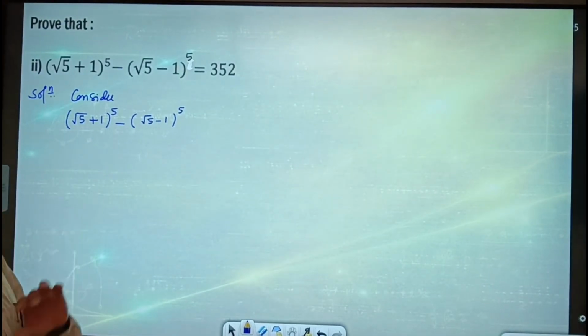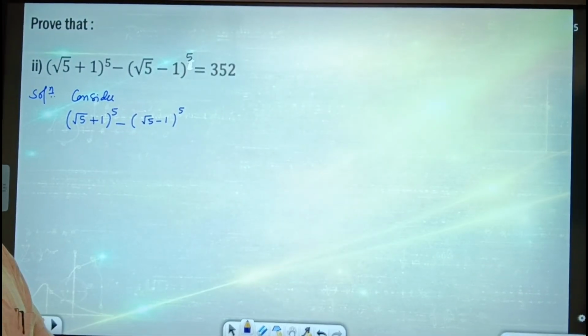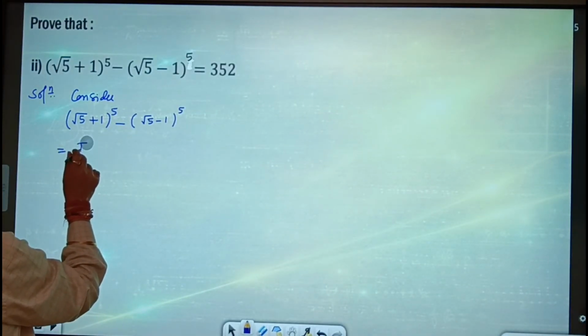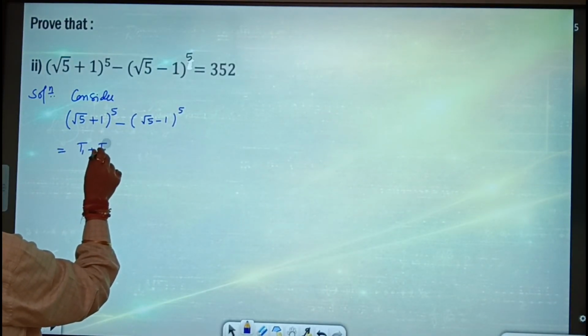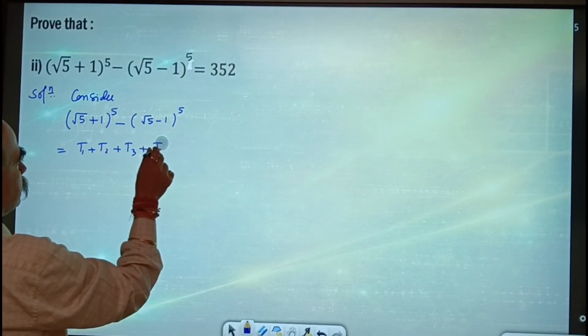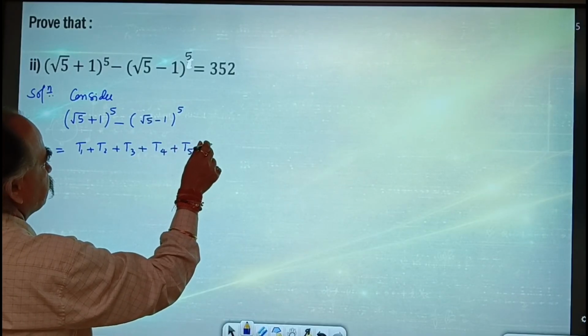Now this contains 6 positive terms, whereas this contains 6 alternate plus minus. So the terms are T1 plus T2 plus T3 plus T4 plus T5 plus T6.